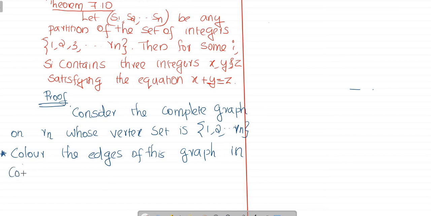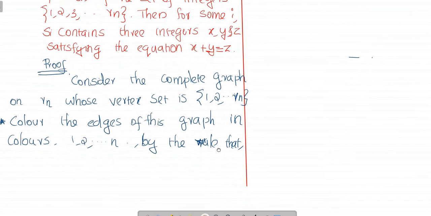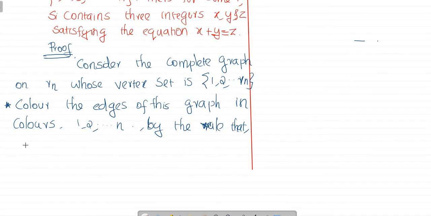Color the edges in colors 1, 2, etc., up to n by the following rule. What is the rule?